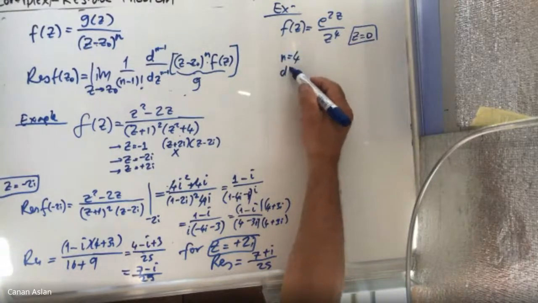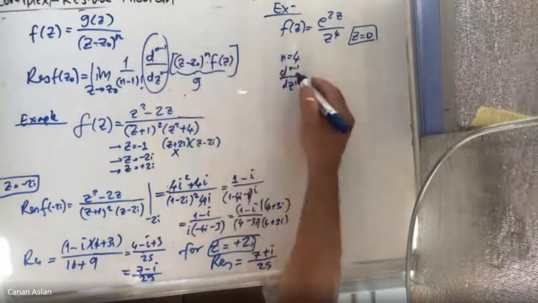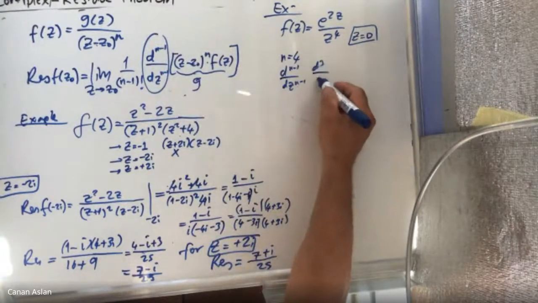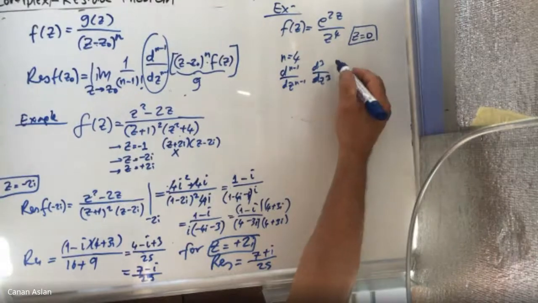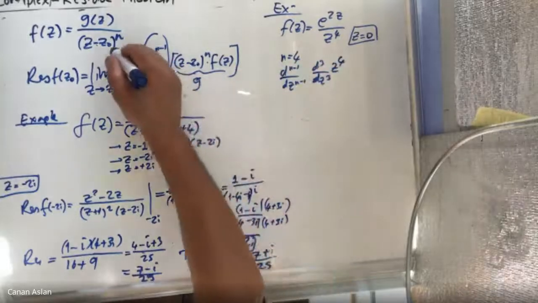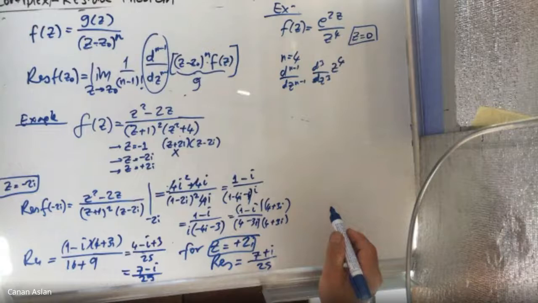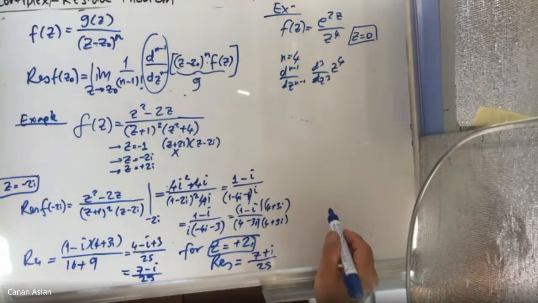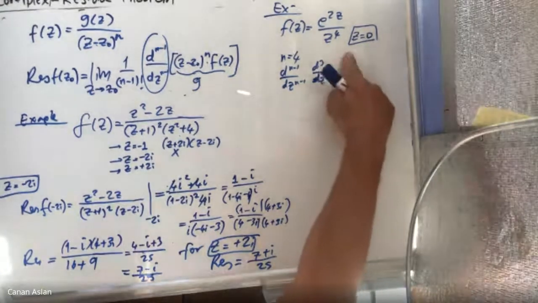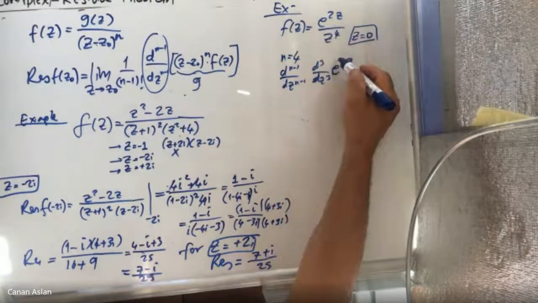So d^(n-1) over dz^(n-1), which is right in here, gives you just d cube over dz cube of this function, which is z to the 4. Of course, you take the derivative only of the function e to the 2z, whatever is on the numerator, because you get rid of this, right?